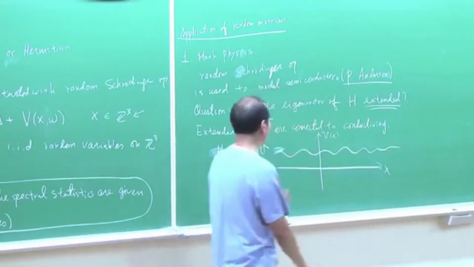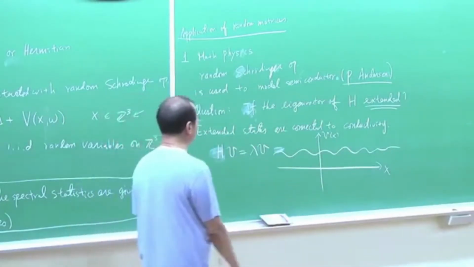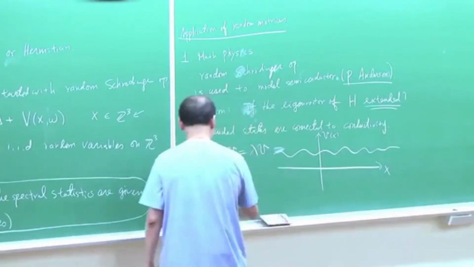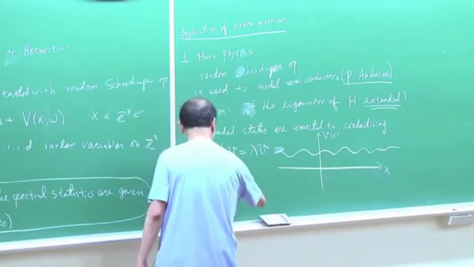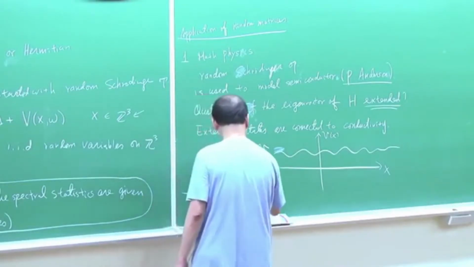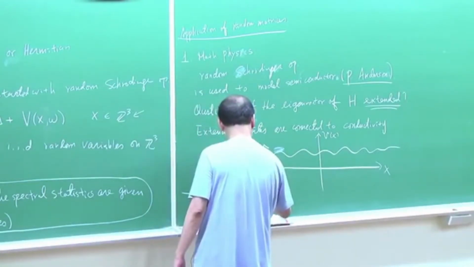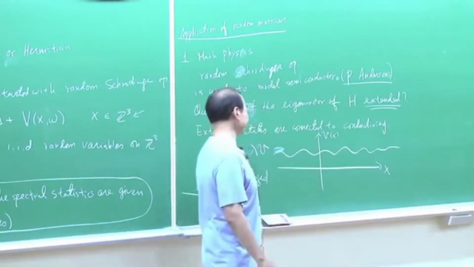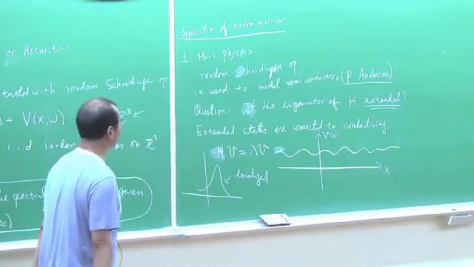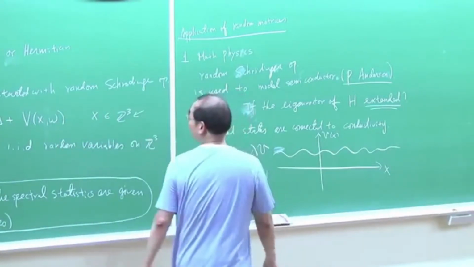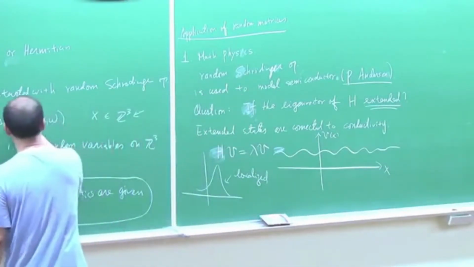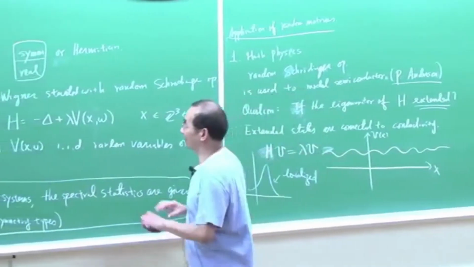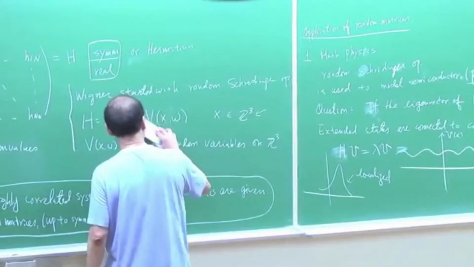I don't want to give a precise definition. It means that when you say it's localized, it looks like this, and this is extended. And then the famous conjecture is, if I put a lambda here, sorry, I shouldn't call this lambda, I give a different name, mu.